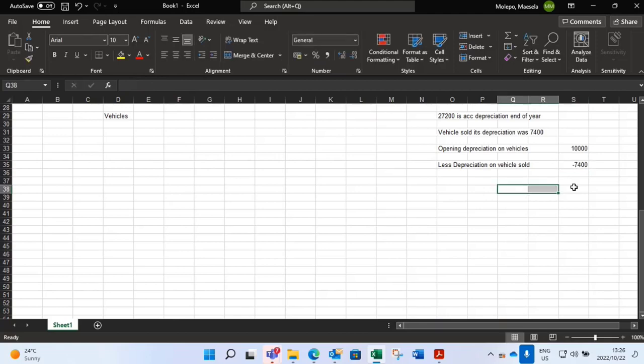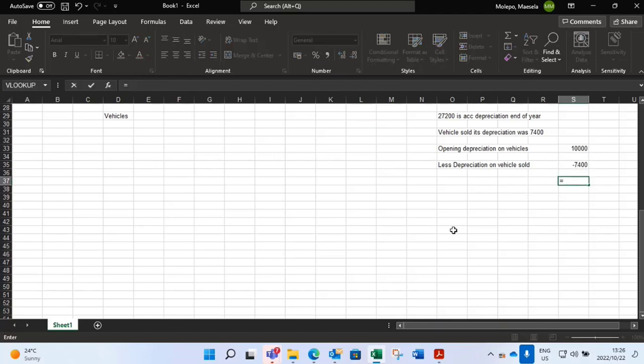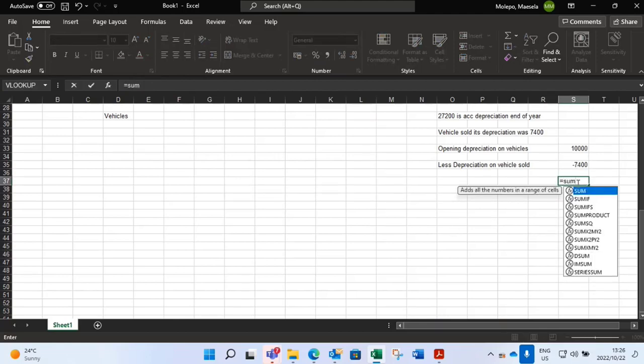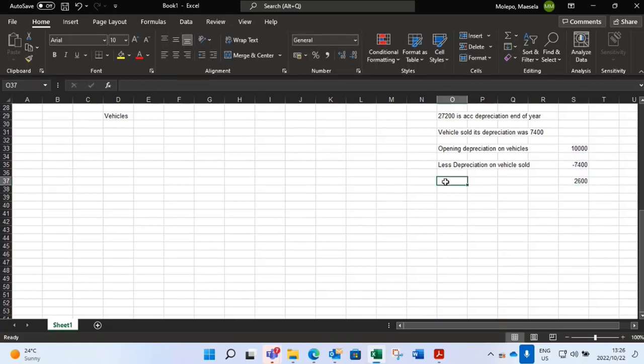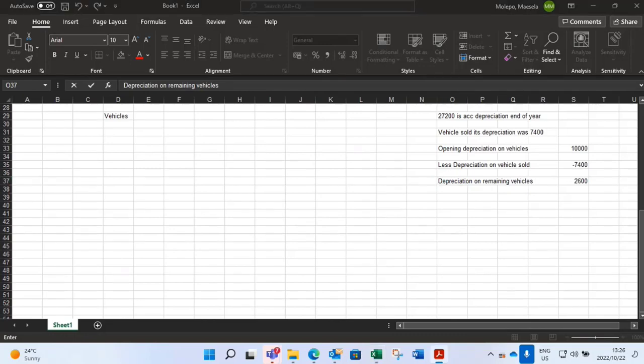So it means the depreciation on the remaining vehicle will be 2.6. This will be depreciation on remaining vehicles. We happy?